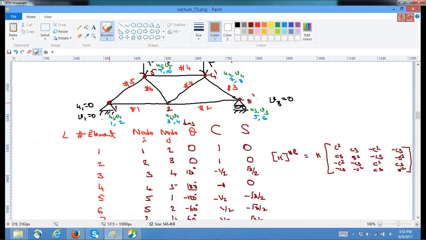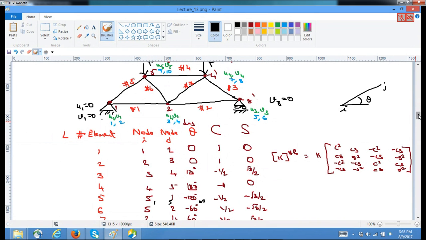The angle is measured with respect to I and to the horizontal. So when I take this as I, my angle is measured from here. If you want to take this as I, your angle will be measured from here. So in that case, if I want to take this as 1 and this as 5, this will become plus 60 degrees. Accordingly, your C and S will change.